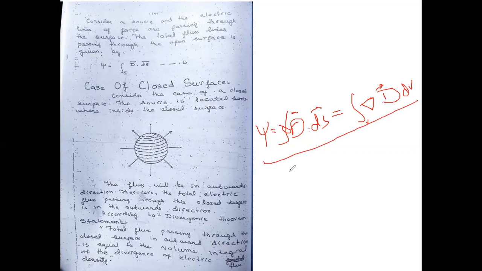So if we are asked to prove the divergence theorem, it means that we have to prove that the answers from this and this will be equal. By this way the divergence theorem will be proved. We will discuss the divergence theorem and the numericals of the divergence theorem in the next slide. So thank you for the moment.